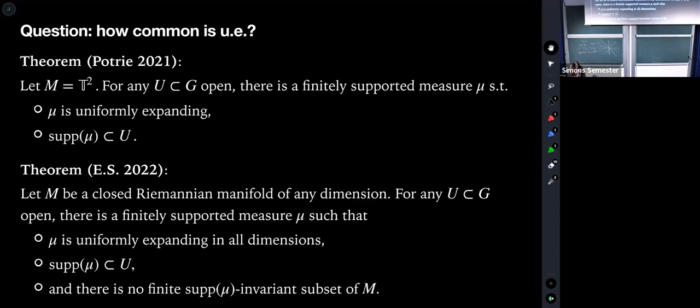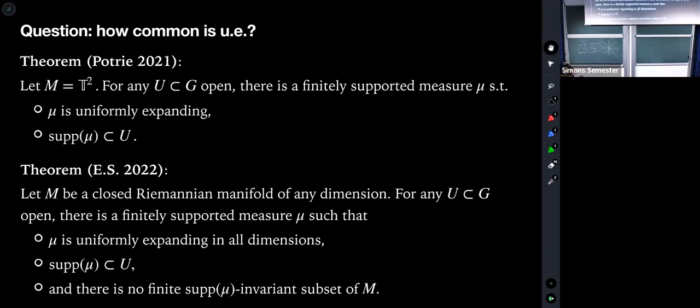And then the last one: there's no finite support of mu invariant subset of M. This is letting us use the theorem of Brown, Eskin, Filip, and Rodriguez Hertz to say more concrete things about the orbits. If you can use this last statement and say that the Lyapunov exponents are non-zero, you can then say that all orbits are dense. So it's a very nice characterization and a nice thing to be able to say that you can build on any set if you can.